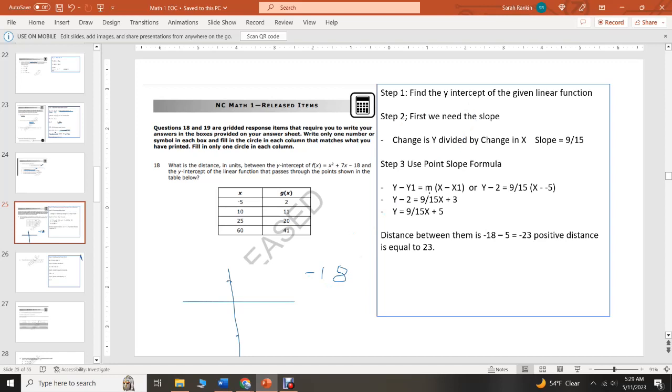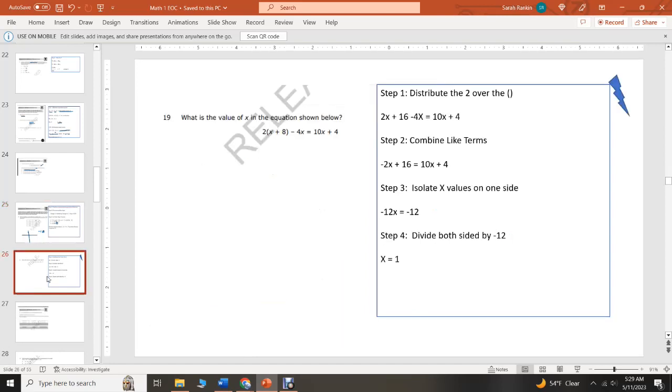Then we know the slope and we know 1 point. So I took the slope and 1 point on this line, and calculated the y-intercept to be +5. So the distance between -18 and +5 is 23, because distance is always a positive number.